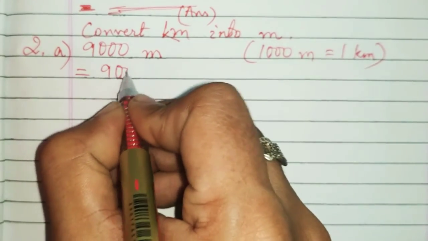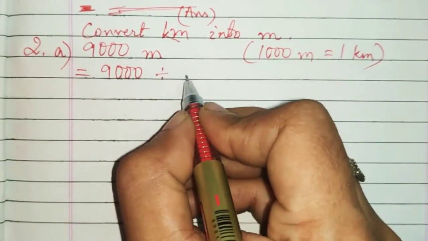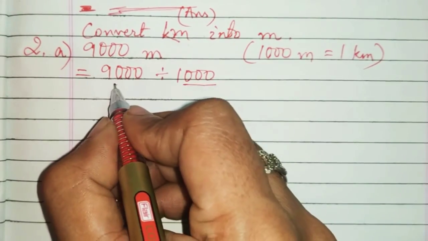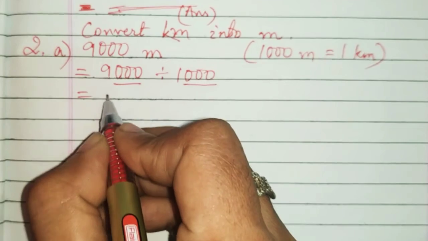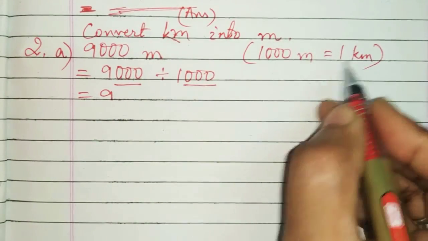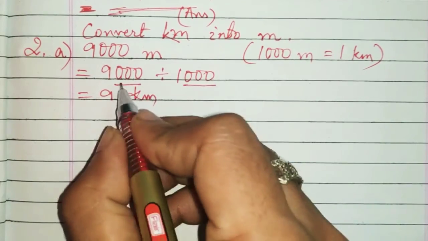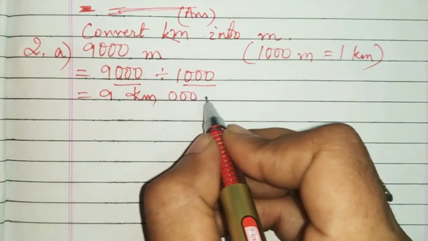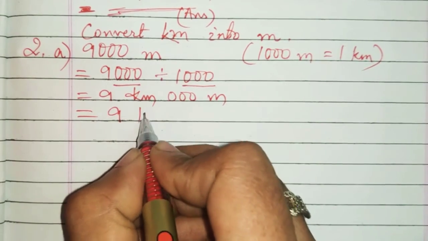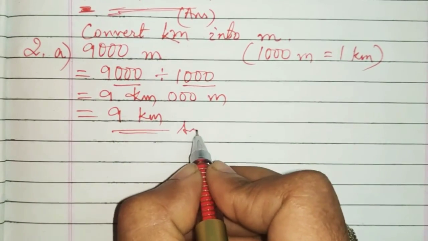Now 9000 divided by 1000. So here 3 zeros, so 3 places. Now 9 is what? We are converting to kilometer. 9 kilometer, then 3 zeros here are meter. As this 3 zeros meter is nothing, so it is 9 kilometer is our answer.